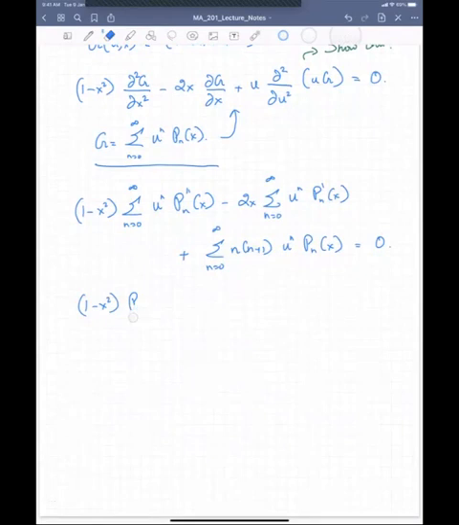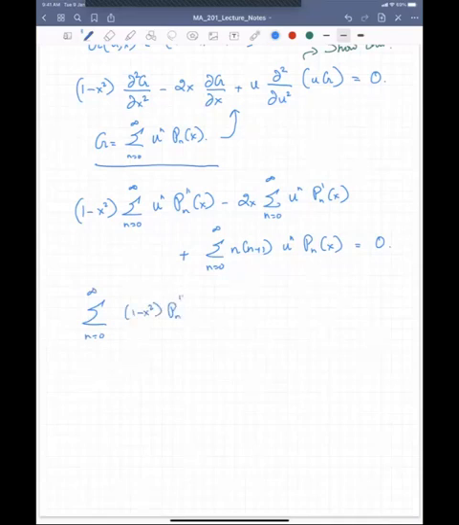So I will actually write this down, just to be very explicit: (1 minus x squared) Pn double prime minus 2x Pn prime plus n(n plus 1) Pn, the whole thing times un equal to 0.